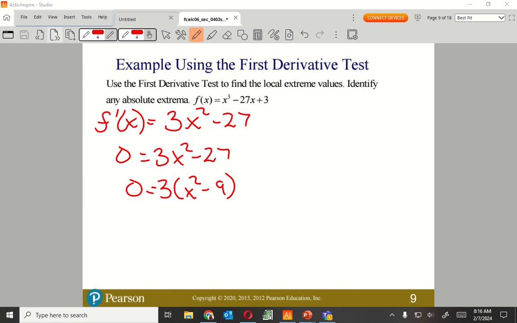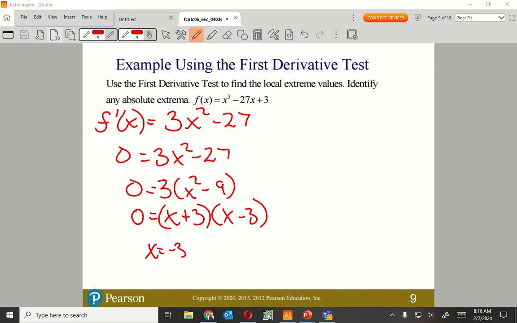So we're going to get 0 equals x plus 3, x minus 3. And when I set each one equal to 0 using the zero product rule, if I plug in negative 3 to this first one, the whole thing would be 0. So I could say that x equals negative 3.